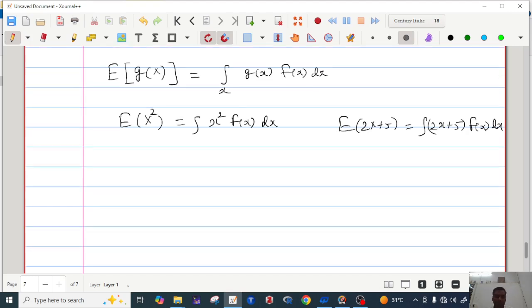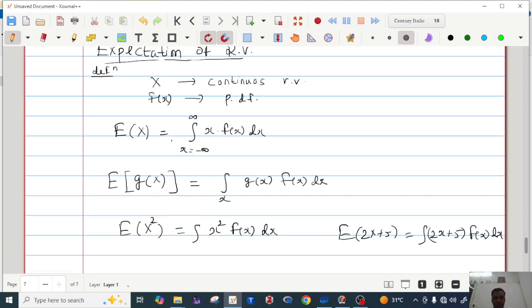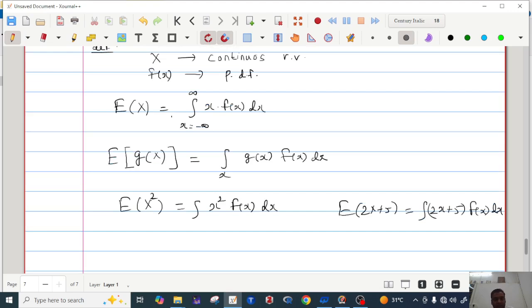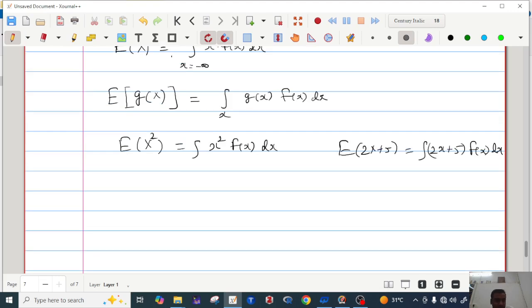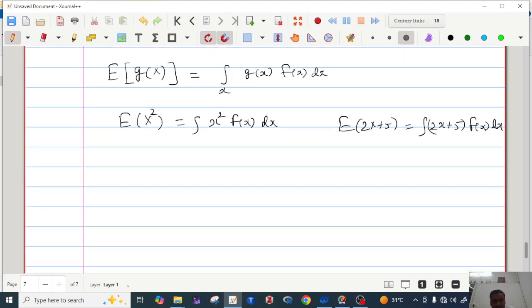So you can find the moments for any random variable with the help of this definition of expectation. Here we saw E of x and E of x square. With the help of E of x and E of x square you can compute the variance. Variance of x is E of x square minus (E of x) square.